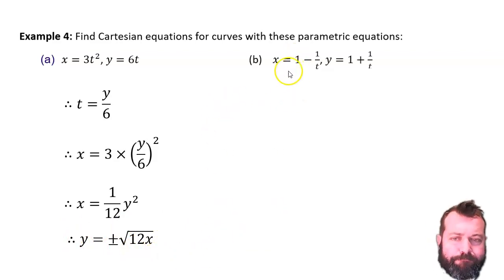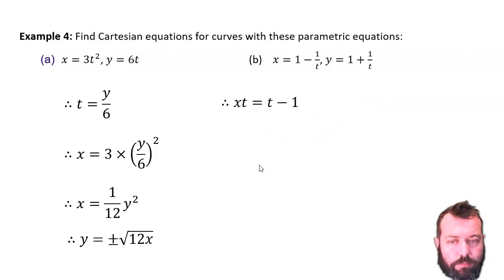Here's another one. x equals 1 minus 1 over t, and y equals 1 plus 1 over t. We're going to make t the subject of one of those. Let's find an expression for t in terms of x, because then when we substitute through, y will already be the subject. Multiply everything by t.